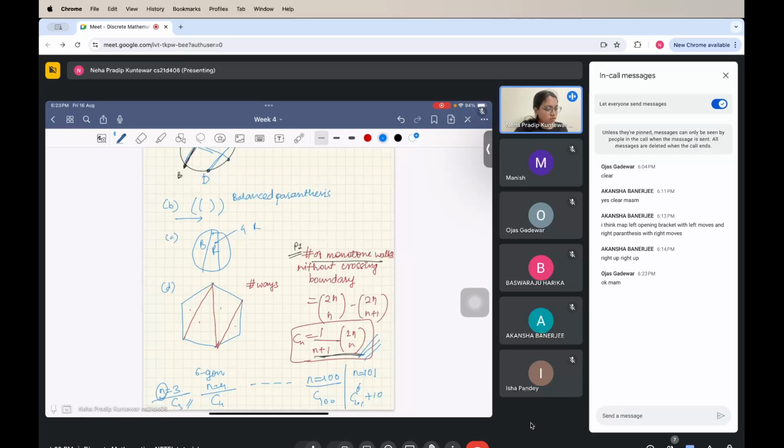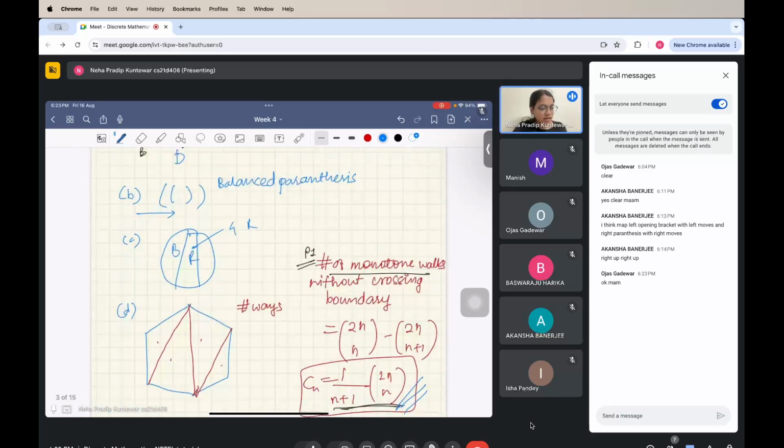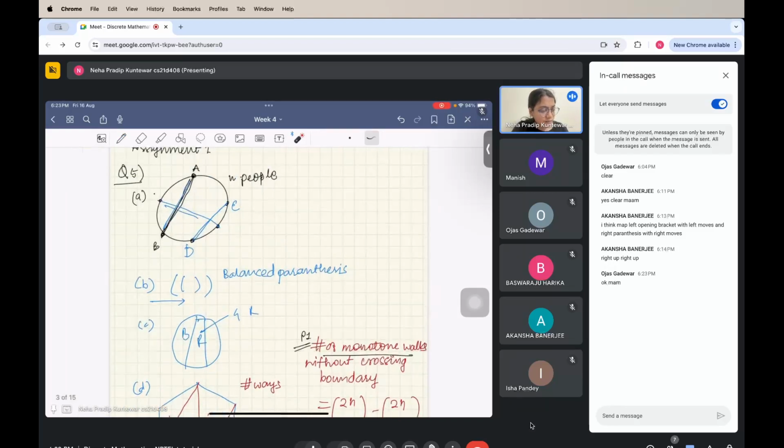Okay, so what I'll just leave you with is this thought: if you want to show that the answer is a Catalan number, one thing you can do, like O just suggested, is try to explicitly write the values for small values of n.